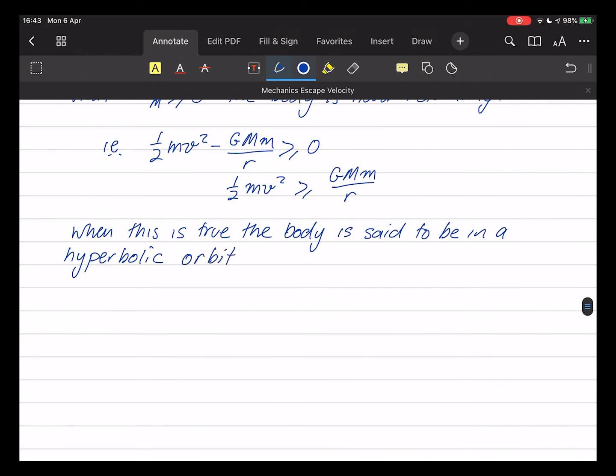Although, do you still call it an orbit if it's hyperbolic? I'm not sure. I'm uncomfortable with the word orbit. Let's say said to be executing whatever. I think that's fine. So it's said to be in a hyperbolic orbit.